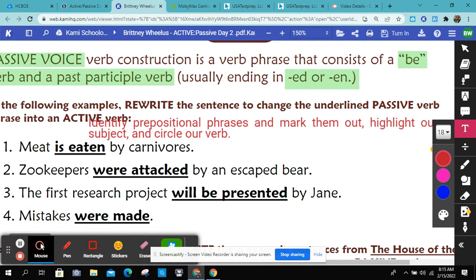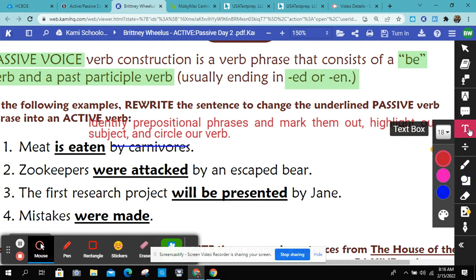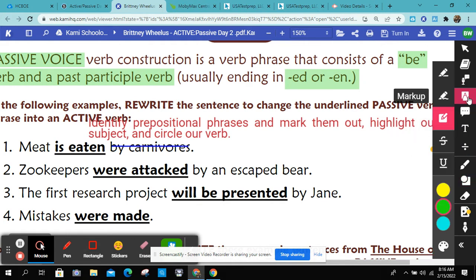All right. So the first thing I want to do is I want to look at number one. Meat is eaten by carnivores. Okay. What is my prepositional phrase here? Prepositional phrase. By carnivores. So I'm just going to mark this out. Okay. Now, I want to go to my highlighter again and I want to highlight the subject of my sentence.